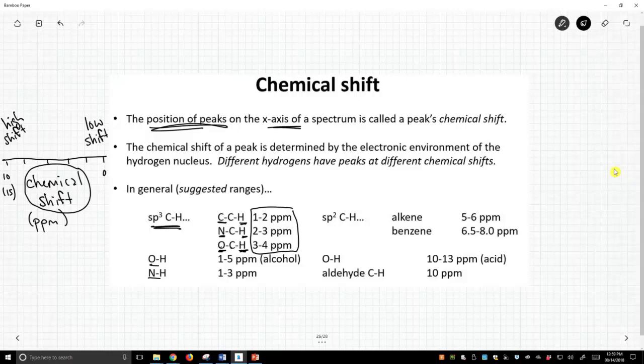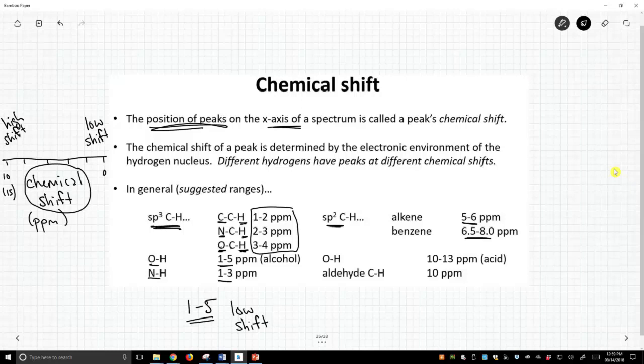So we get these typical ranges for our CHs. OHs and NHs can appear, and they're a little more variable, maybe 1 to 5 ppm or 1 to 3 ppm. Note that everything we've shown here is in about the 1 to 5 window, so these tend to be low shift peaks, more to the right of the spectrum. As we start to see alkene hydrogens on sp2 hybridized carbons, a regular alkene is 5 to 6.